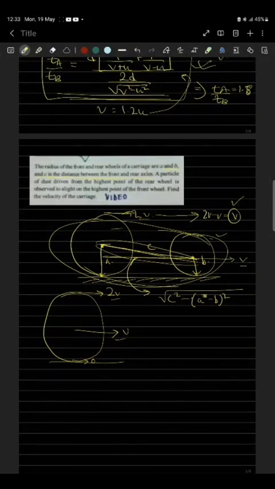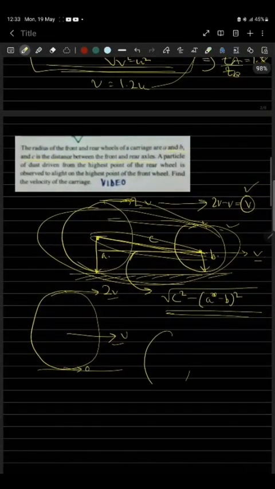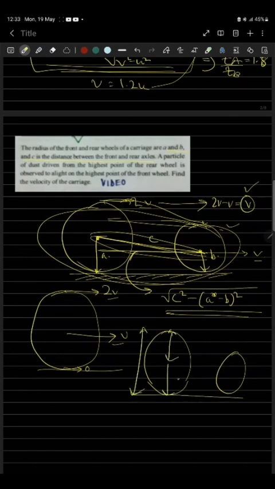So now, after calculating the horizontal distance, we can also calculate the vertical distance the particle must traverse. So let's try to draw this figure again. Yes, vertical distance can be given as this. Since this is radius A, it is 2a, and this is radius B, this is also 2b.